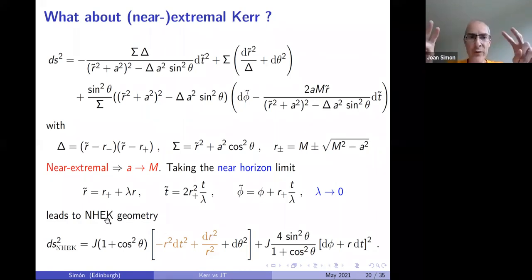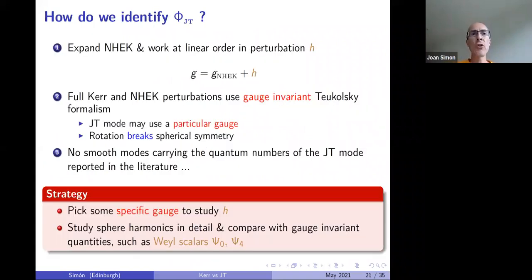We typically call it NHEK, which stands for near horizon extremal Kerr, because of our amazing imagination. So I will be referring to NHEK. NHEK plays the same role as the local AdS2 geometry in the first part of the talk. So JT is describing the fluctuations of a perturbation. Let's call this perturbation this brown h.